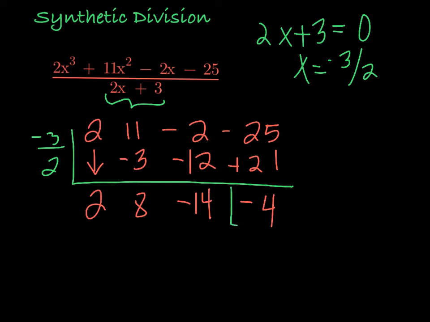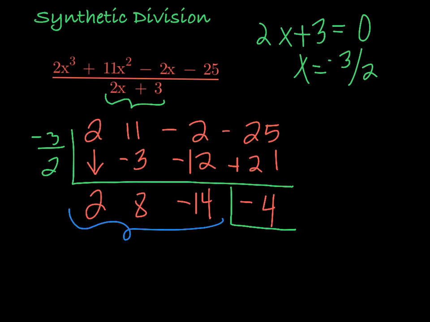So, does this negative 4 look familiar? I hope so, because that is our remainder. But if you look here, we have 2, 8, and negative 14. But our last answer, we had 1, 4, and negative 7. Well, we're still going to get that, because since we did not divide by 2 first, you're still going to have to divide by 2 at some point.